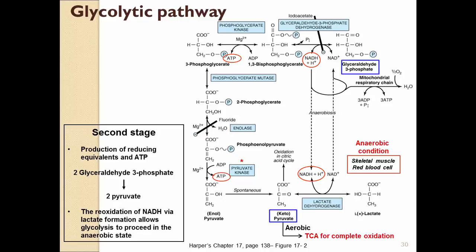So it depends on which shuttle carries NADH into the mitochondria. We're going to talk about that later. But other metabolic pathways inside the mitochondria can also produce NADH, and once it is already inside the mitochondria, NADH will produce 3 ATPs, right? Okay.